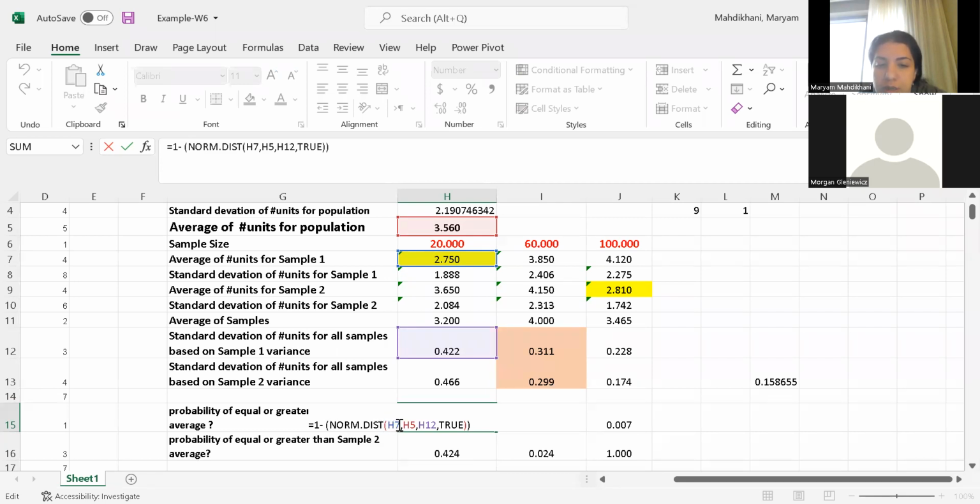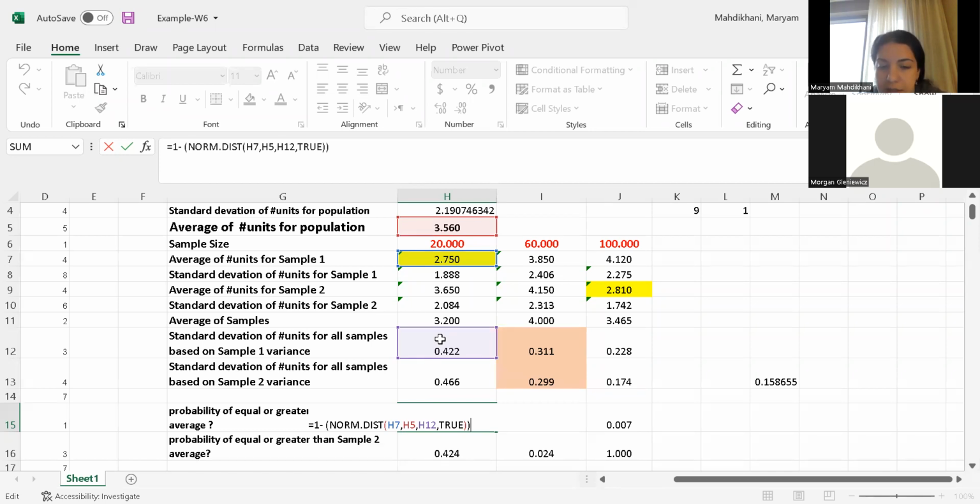Our X is the average of sample 1, because here we're asking for sample 1, then comma, the average of our whole population, comma, the standard deviation of all the samples that we just calculated, comma, cumulative or true, and then close the parentheses and close the bigger parentheses.